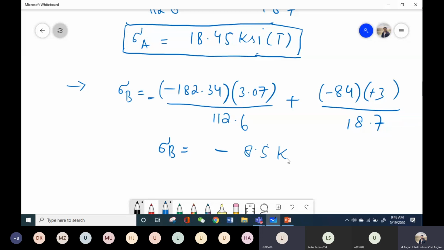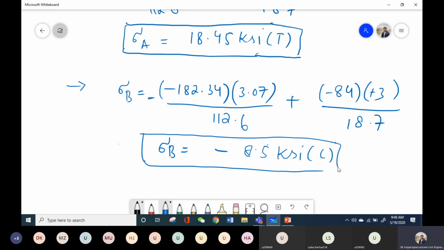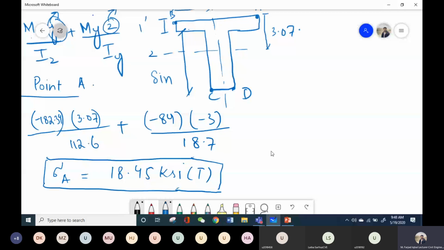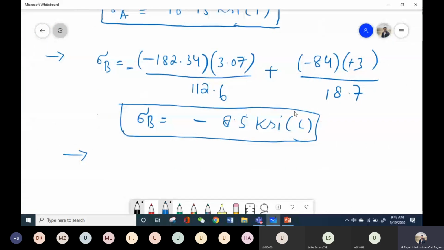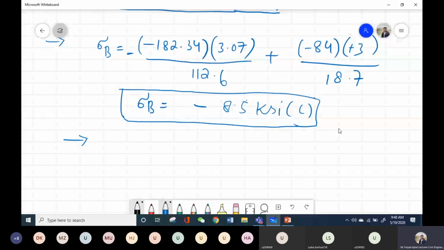Okay, so I think that is the answer. So now you can see that at point B, I have the compressive stress acting, and the magnitude is minus 8.5. So at point A, I have the tensile stress. At point B, I have the compressive stress. So let's calculate the stress at point C now to see if I can get any maximum value for the compressive strength or maybe the tensile strength.